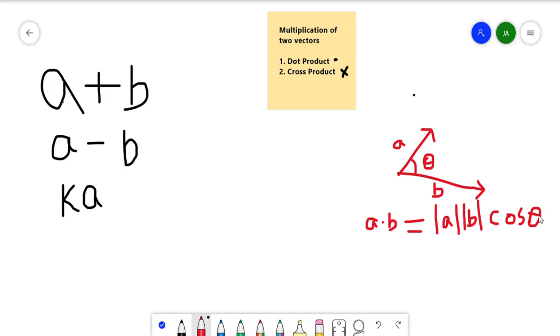So the length of A multiplied by the length of B multiplied by cos theta, the angle between these two vectors.